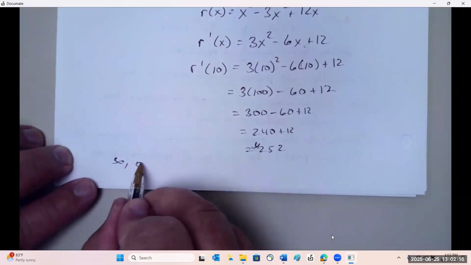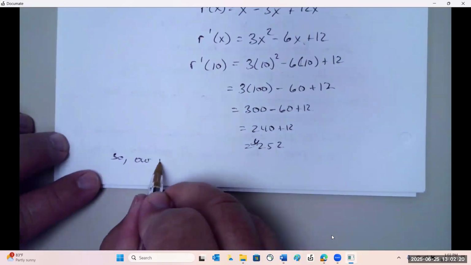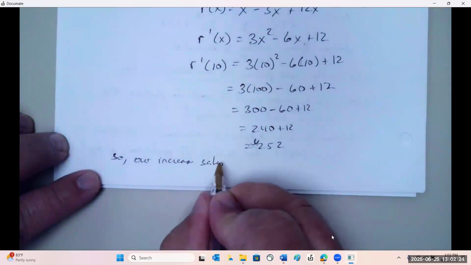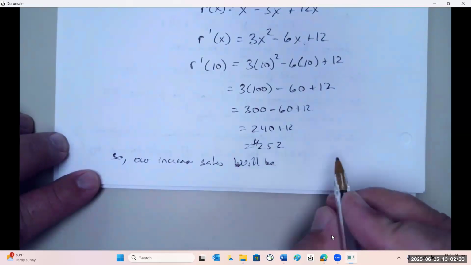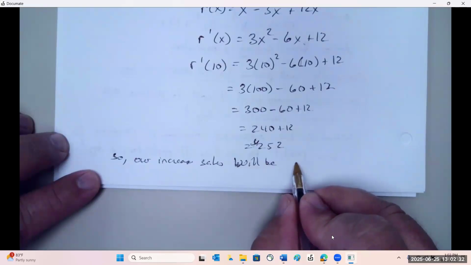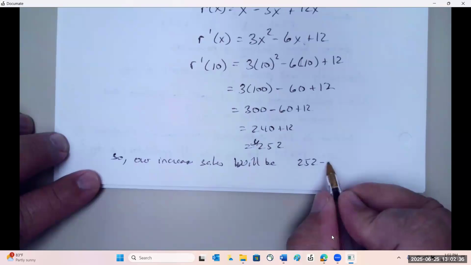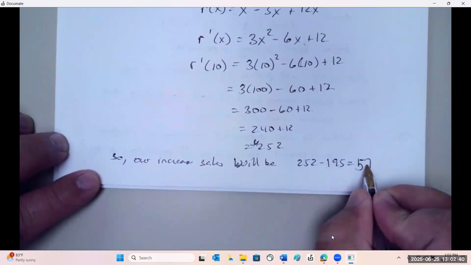So our increase in sales will be 252 minus 195 equals $57.